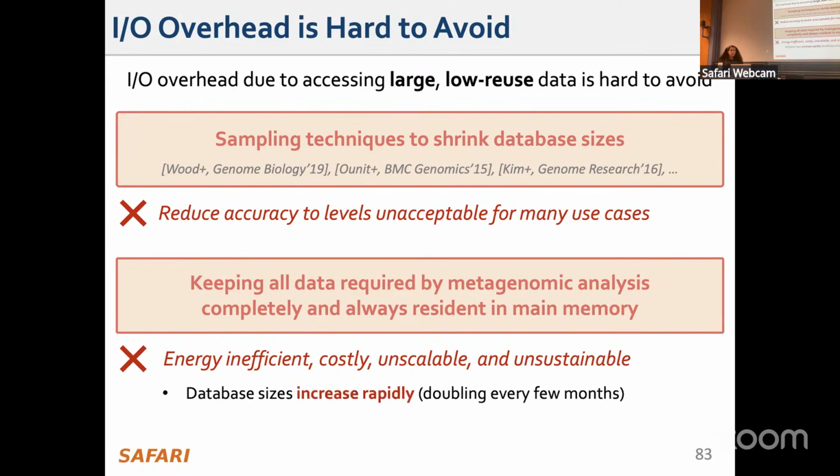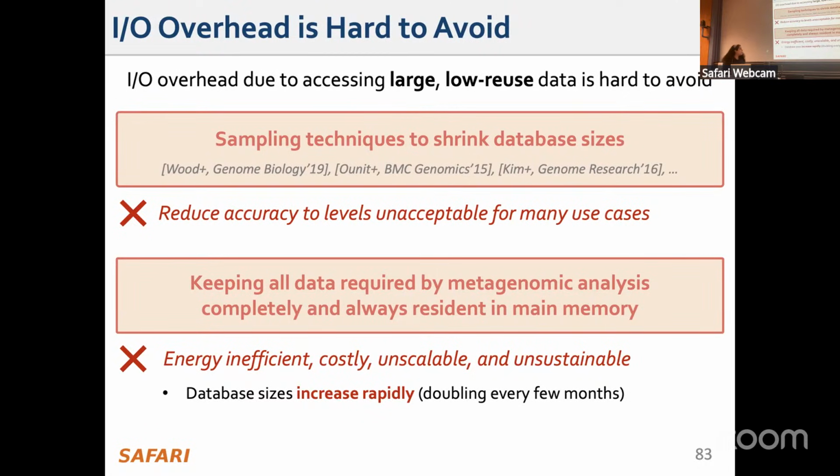Why is that? These database sizes, which are already very large, are increasing rapidly, like doubling every few months. Why is that, by the way? We don't yet know a lot of the species covering the surface of Earth, and after we get to know them, we need to add them to these databases. The other point is the fundamental nature of many species evolving. Over the past few years, we have seen how viruses, or bacteria, evolve really quickly.